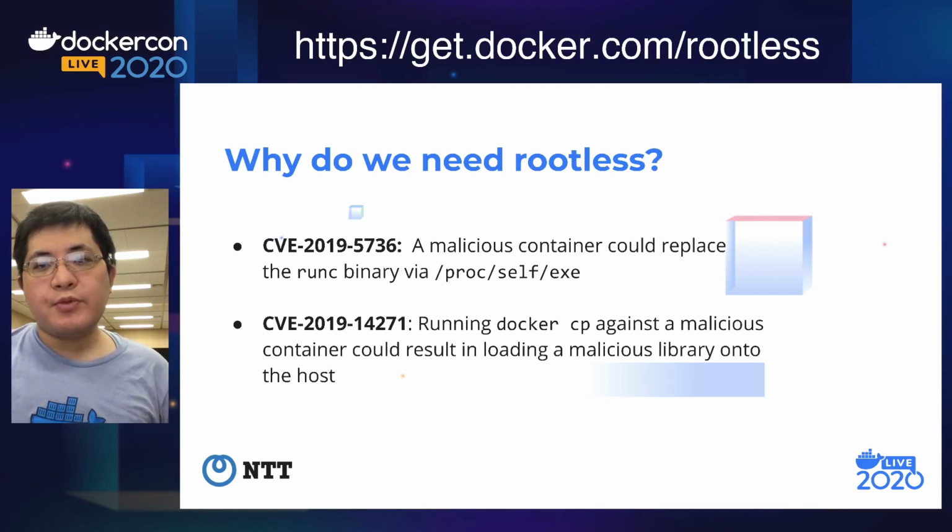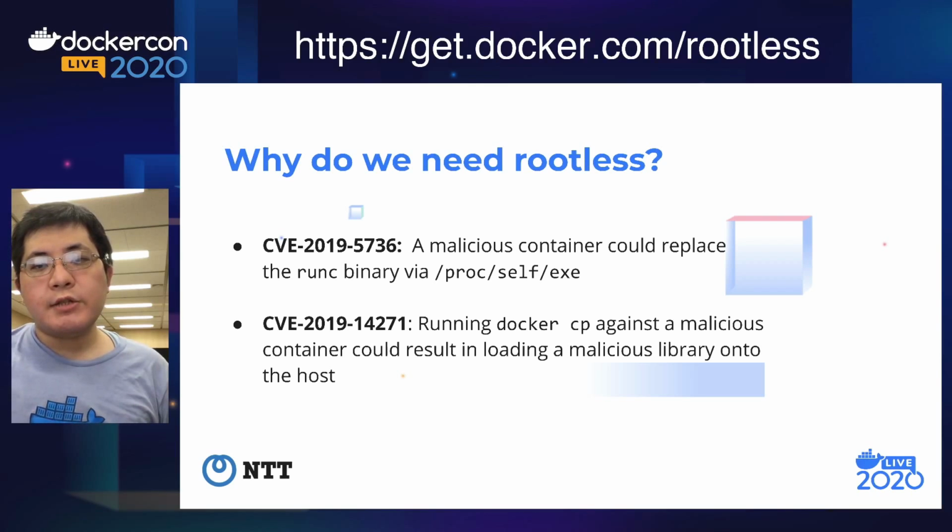Here are some examples of the bugs. CVE-2019-5736 was a vulnerability of runc. It allowed replacing the binary of runc via /proc/self/exe. And CVE-2019-14271 was a vulnerability of Docker Daemon.